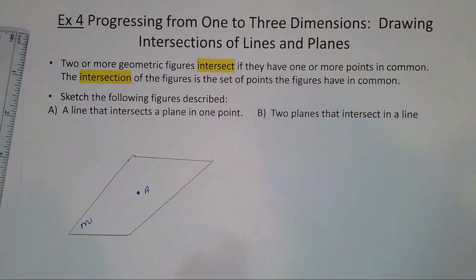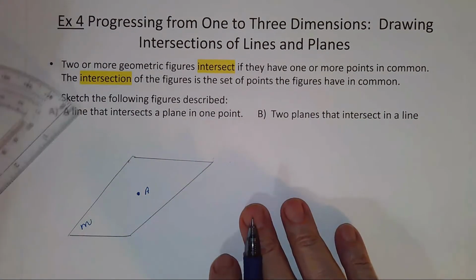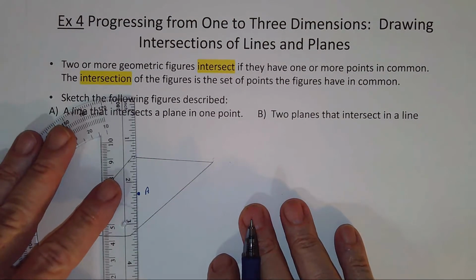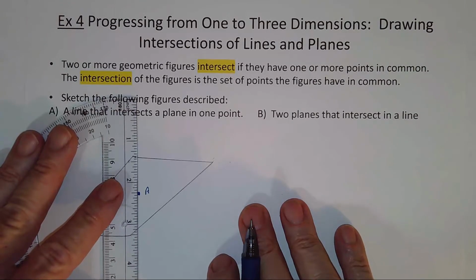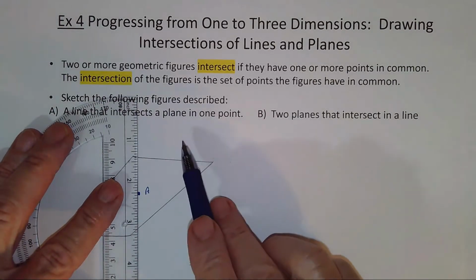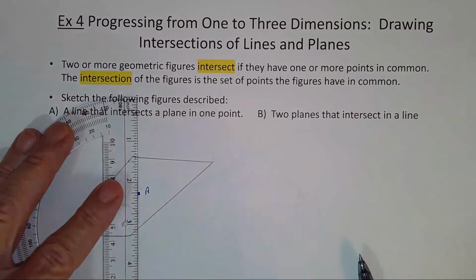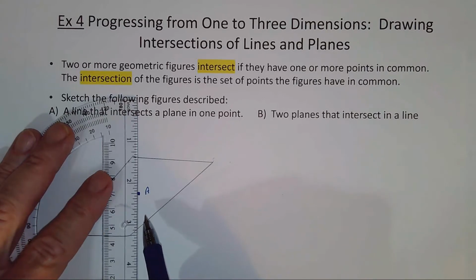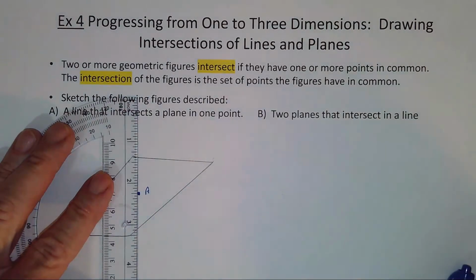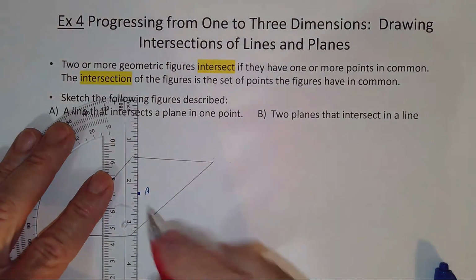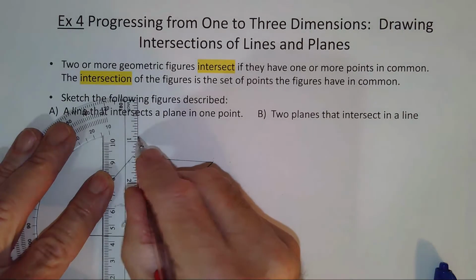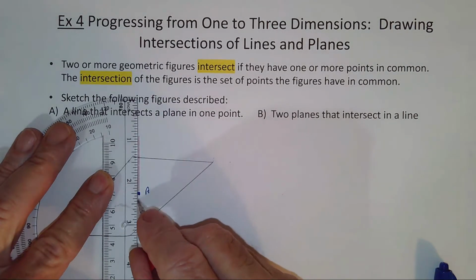Now, because they haven't asked me to describe these, I'm not going to worry about a description much, but I'm going to draw a line that intersects through the plane at one point. One thing about intersecting through something is that it intersects at a 90-degree angle. This may not look like it, but I'm going to draw a line, let's use a different color, that goes up, and then down here it's underneath the plane.